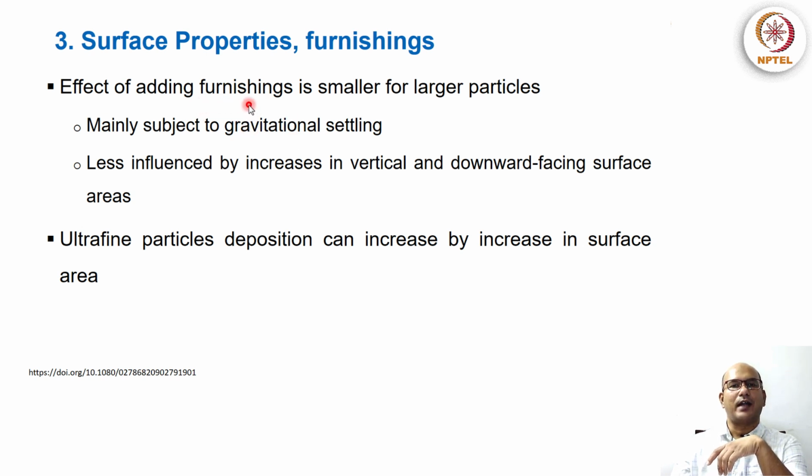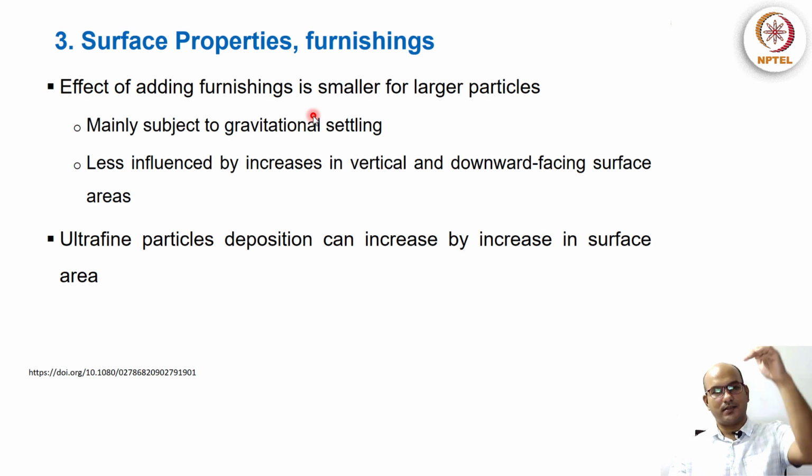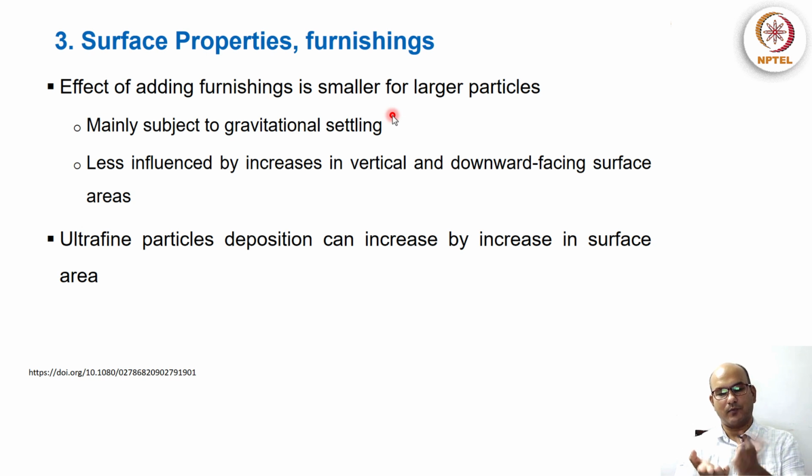Now the effect of adding furnishings is smaller for larger particles, because larger particles are generally coming down, whereas with furniture, maybe if it's a seat, it may have more area, but then the seat is sort of blocking the area of the floor.